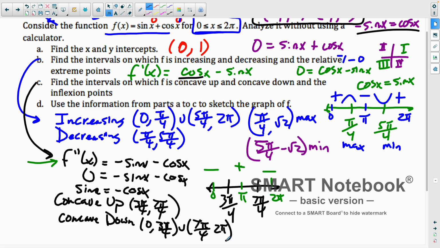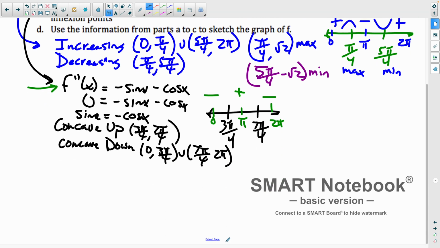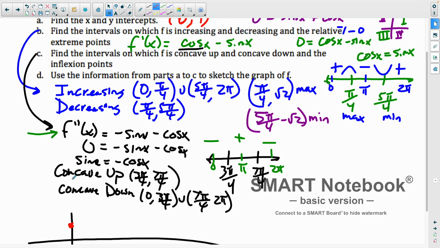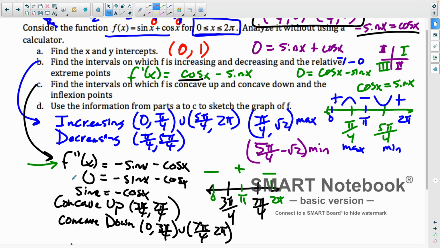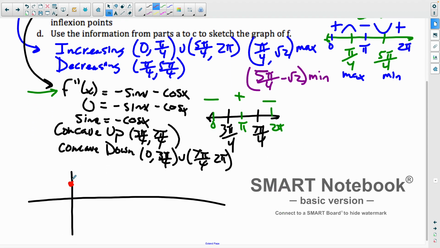Okay. Got quite a bit of information here. Last thing is it says, okay, go graph this. So if I were to go take a look at a graph, the first thing that I'm going to do is I'm going to put my y-intercept on 0, 1. That's coming from the very first, from A. And I'm going to put my x-intercepts on, which are pi over 2, 3 pi over 4, and 7 pi over 4.